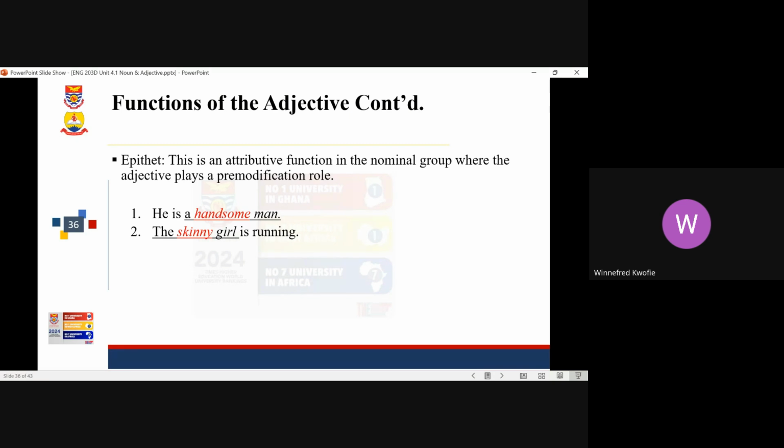So, a handsome man. Handsome there is modifying the noun man, and handsome is placed before the word man. So over here, it is performing an attributive function. In other words, it functions as an epithet in the nominal group.